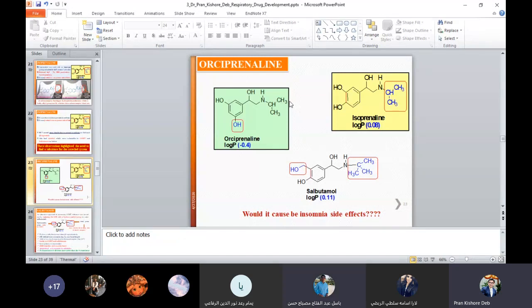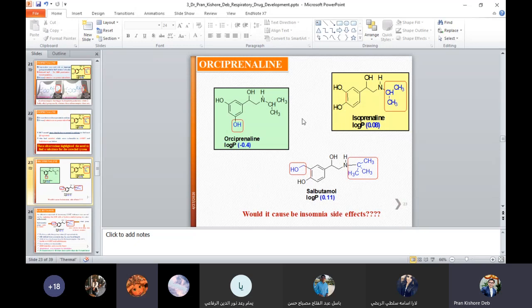But it can fit into the hydrophobic pocket of the beta 1 receptor. By binding to the beta 1 receptor, it will show the cardiovascular side effect. If you simply say it is beta selective, it is an incomplete answer because there are two, beta 1 and beta 2. The side effect is because of beta 1. So be specific while answering.